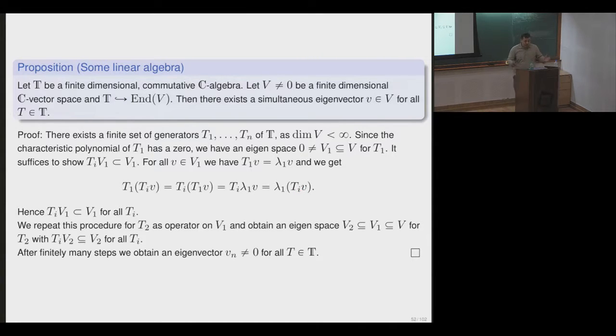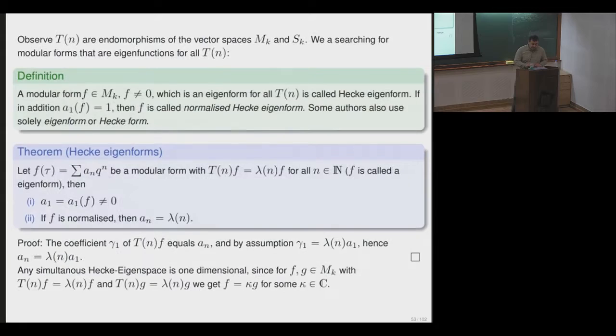And therefore, you can go further and further, and at the end, you end up with a simultaneous eigenvector. So this is just simple linear algebra and a little bit of complex analysis. That's the fundamental theorem of algebra. This allows you to ask for simultaneous eigenvectors. And so this applies to our setup.